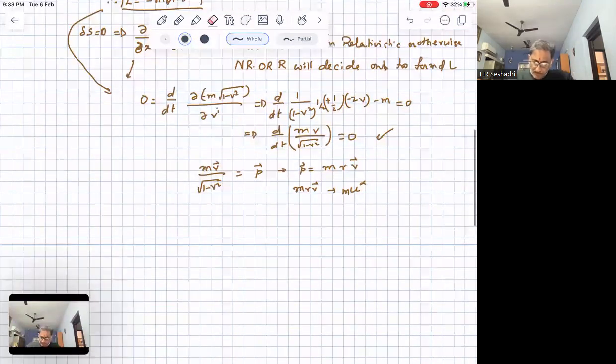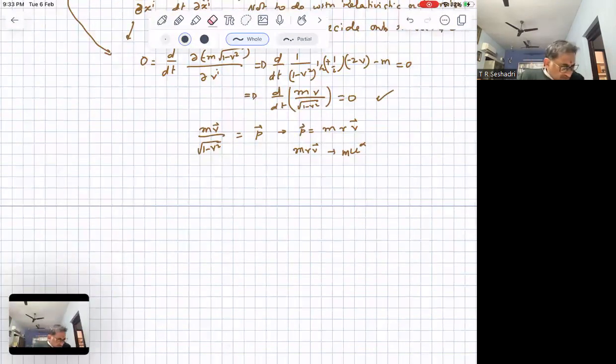Okay. Now, let us go further. Initially I was thinking of doing the electrodynamics in this way, but it will just take us too far away.